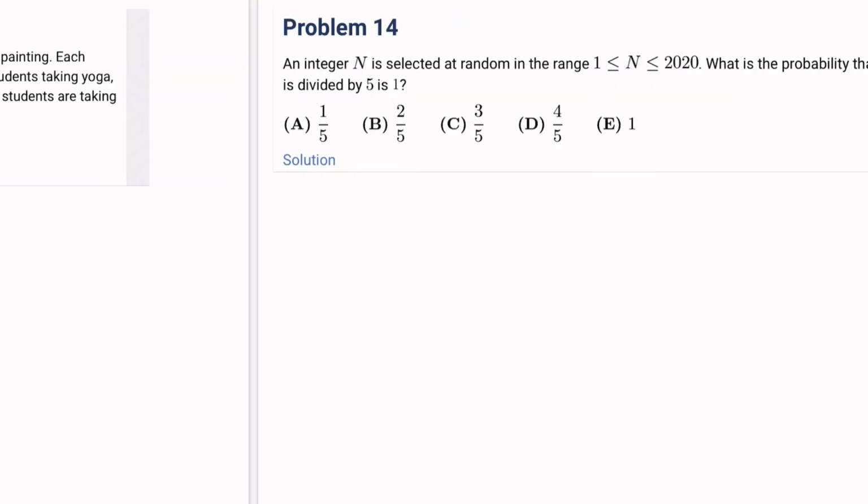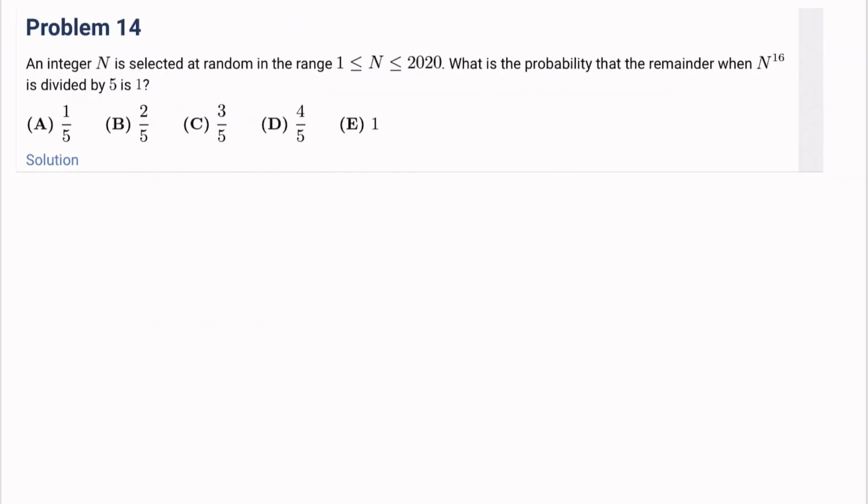It's C. Number 14, an integer n is selected at random in this range. What is the probability that the remainder when n to the 16th power is divided by 5 is 1? Okay, so since we're talking about when n to the 16th power is divided by 5, n can be 5x plus 0, or 5x plus 1, or 5x plus 2, or 5x plus 3, or 5x plus 4, right?